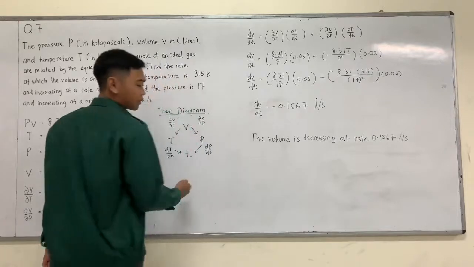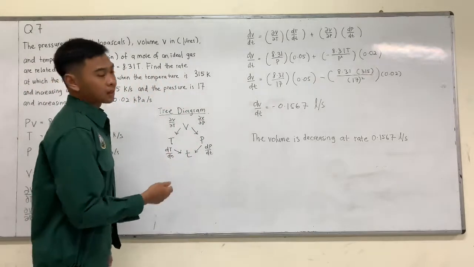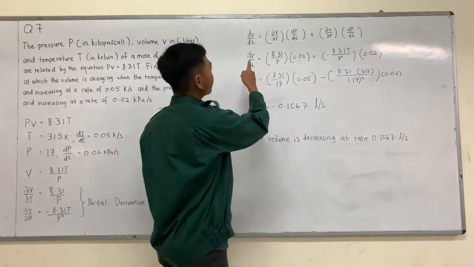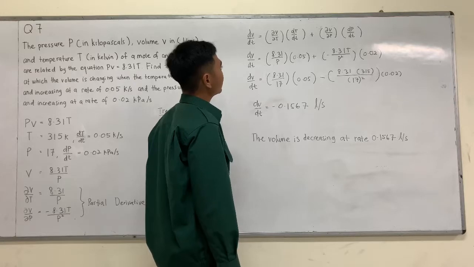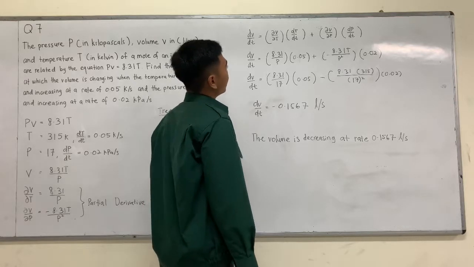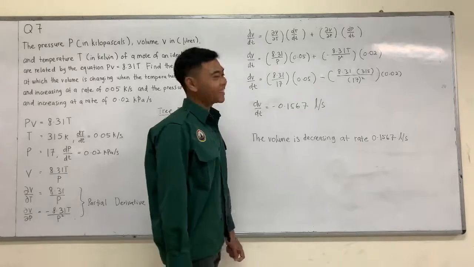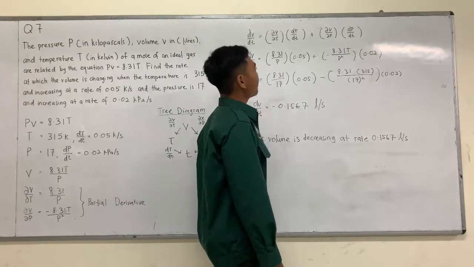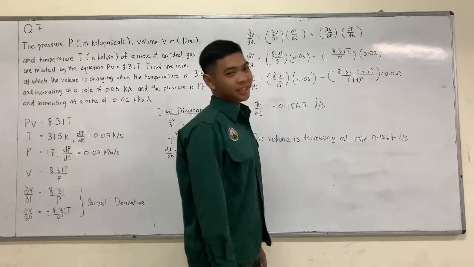After that, we draw the tree diagram to construct the formula. So we write the formula dV over dt is equal to ∂V over ∂T multiplied by dT over dt plus ∂V over ∂P multiplied by dP over dt.